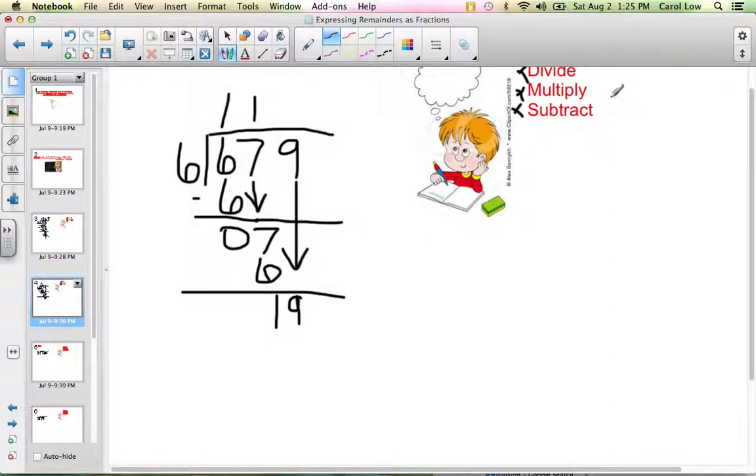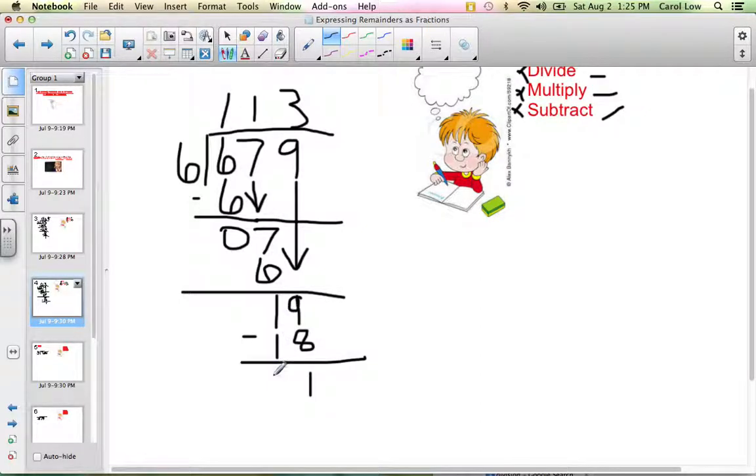I divide. Put it on this side. A little mark by there. 19 divided by 6 is 3. Then I multiply. 3 times 6 is 18. And then I subtract. 9 take away 8 is 1.